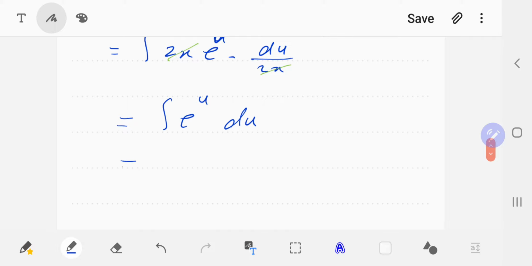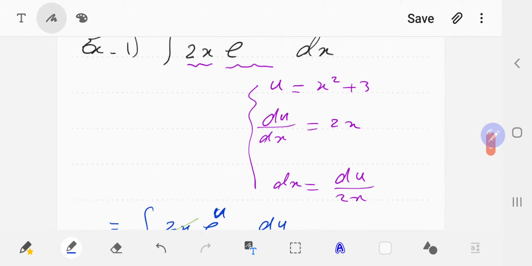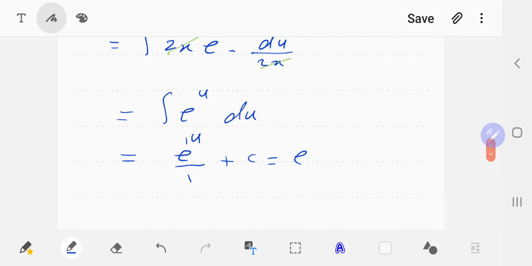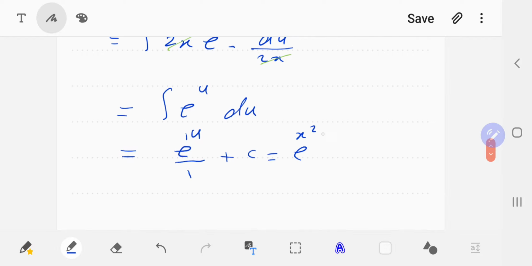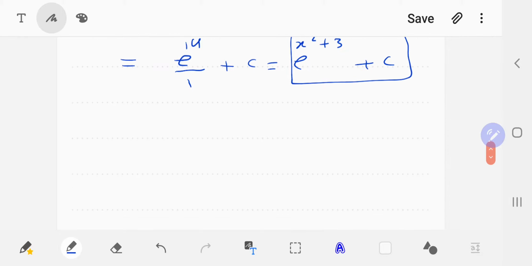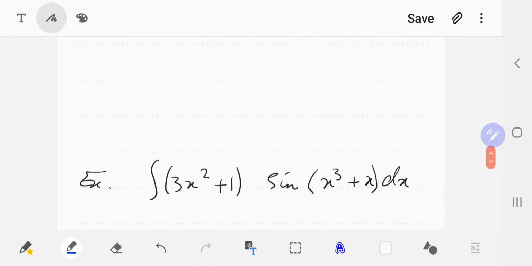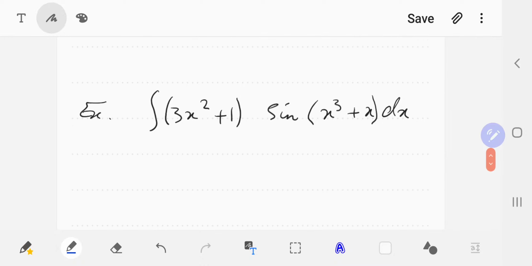And e to the power of u has its own integration rule, so it's direct. E to the power of u divided by the coefficient of u, which is 1 in this case, plus c. Replace it, so it's e to the power of x squared plus 3 only. And of course, plus c.